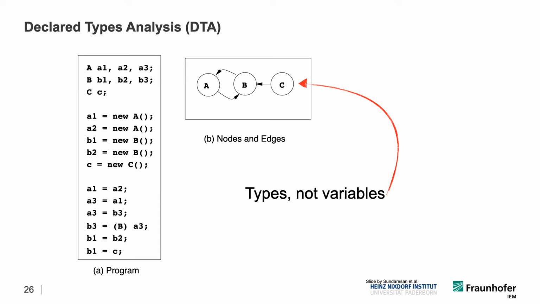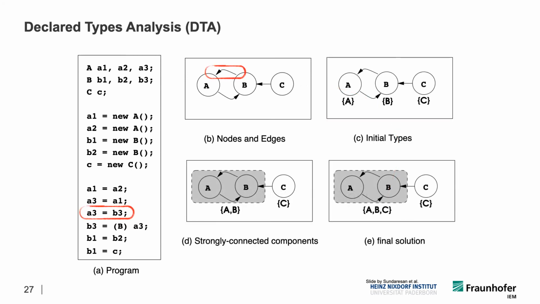Now let's take a look at where these edges come from. Down here, for instance, we are assigning a variable b3, which has a declared type B, to a variable a3, which has a declared type A. Here we did not look at instantiations, we were only looking at the declared types.